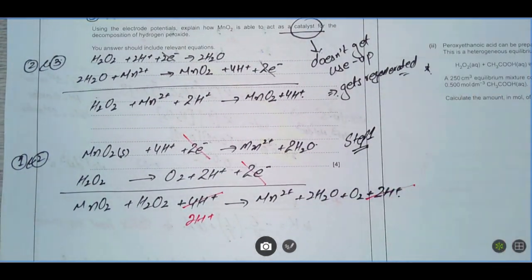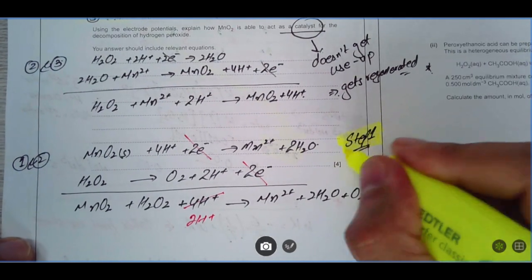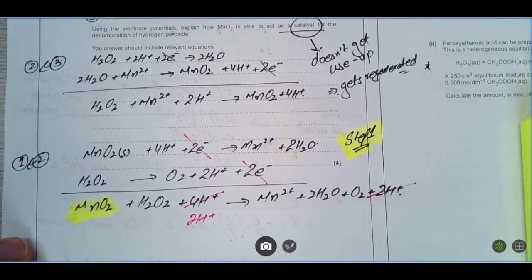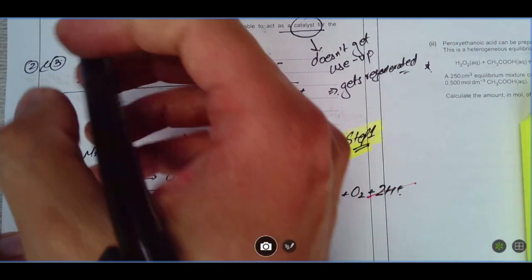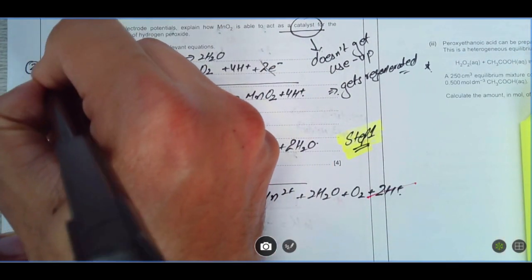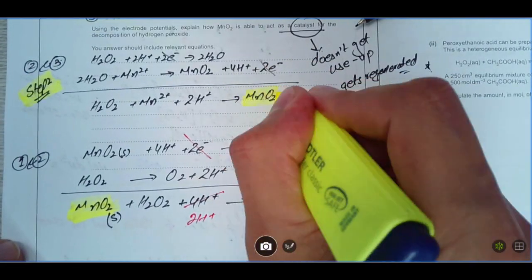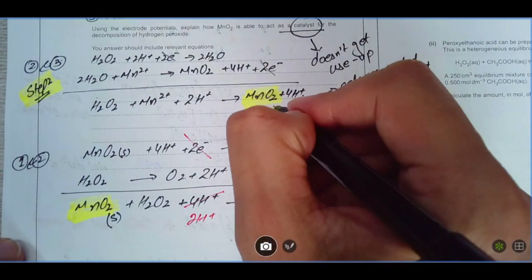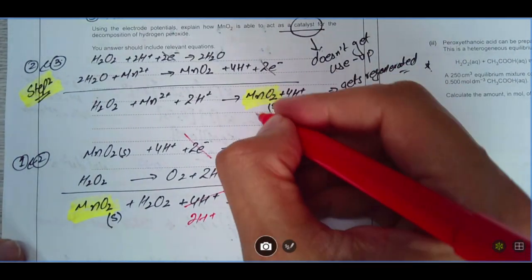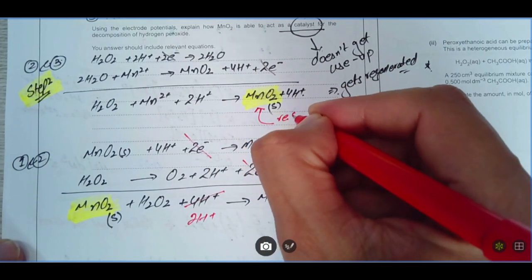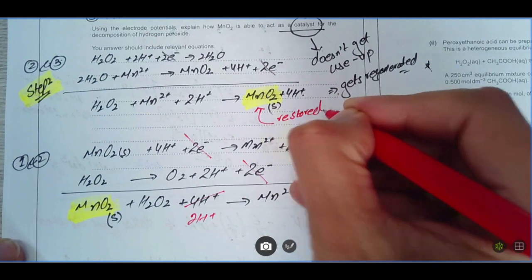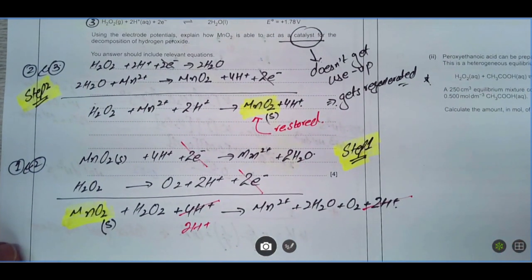Why? Because I am using MnO2 as a solid. This will be my step 2 in this reaction. Why? Because in this case, MnO2 solid has now been regenerated. That makes sense. Okay. Can I please ask you to copy it in?